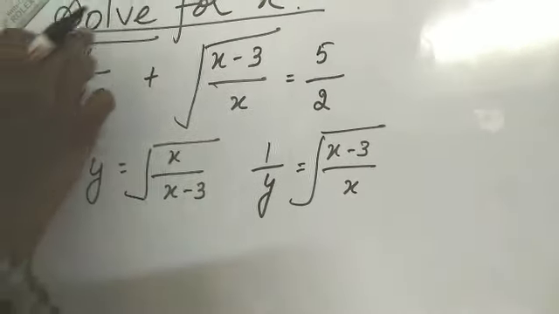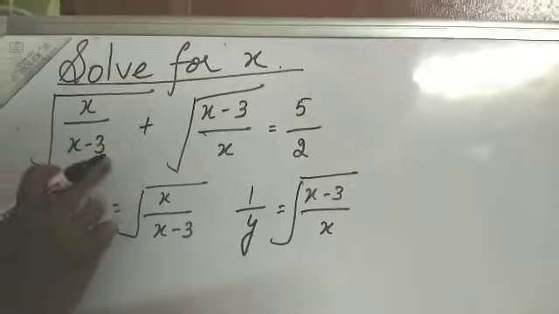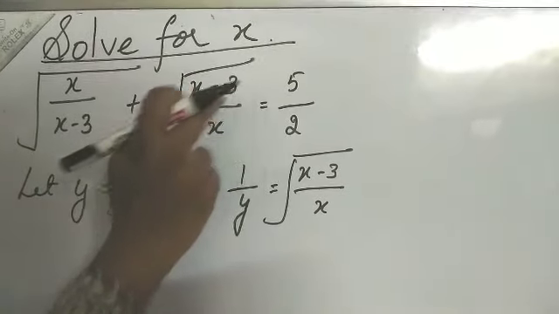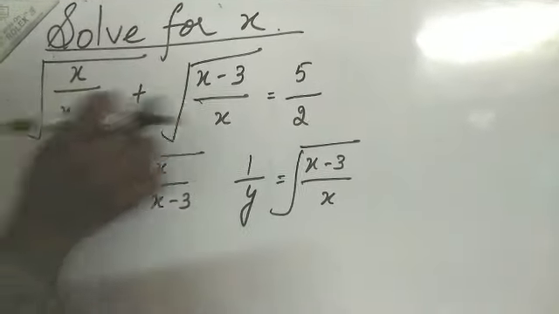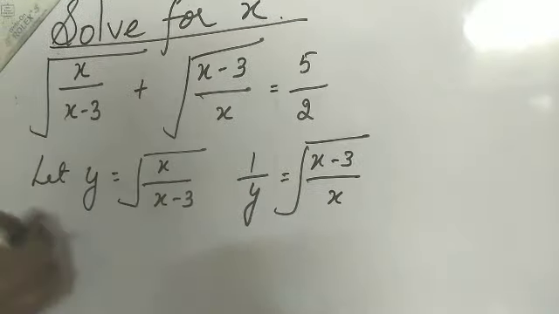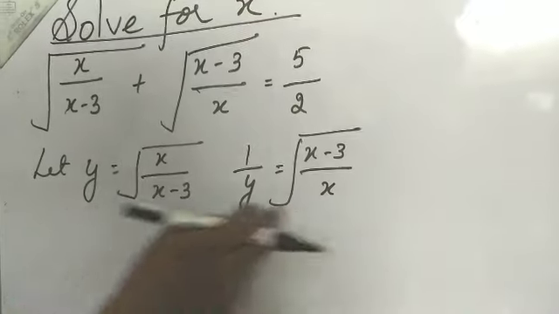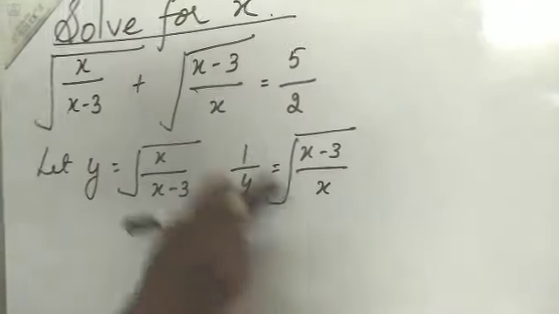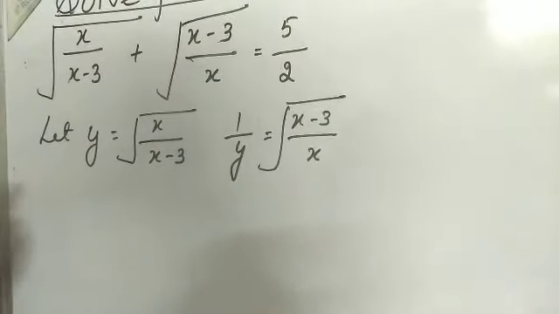So, this is x upon x minus 3 and this one x minus 3 upon x. So, reciprocal of this is this. Okay, that's why we are taking y is equal to this one, means this one will become reciprocal. So, 1 upon y. Clear?